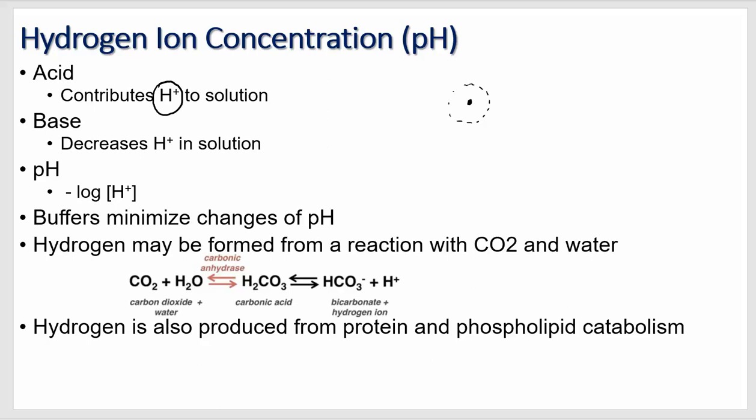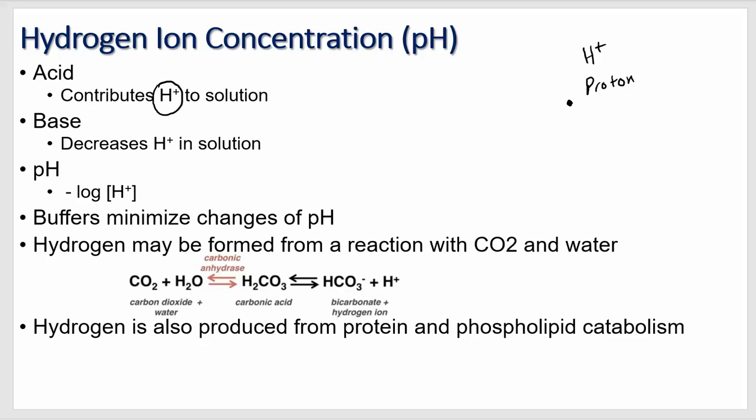So the positive ion would lose that electron and it would just leave a proton. So that's why we sometimes just refer to the positive hydrogen ion as a proton, because that's all that's left, because it has lost its only electron. So we can call it hydrogen ion, we can call it a proton.